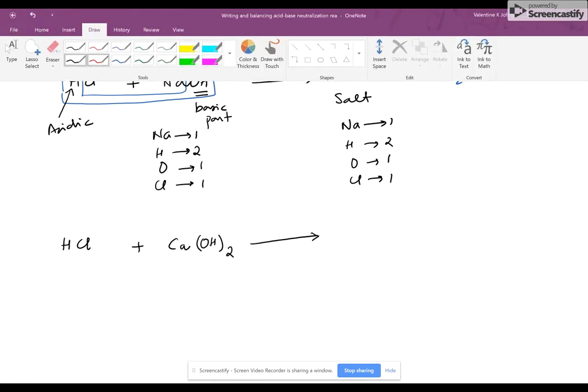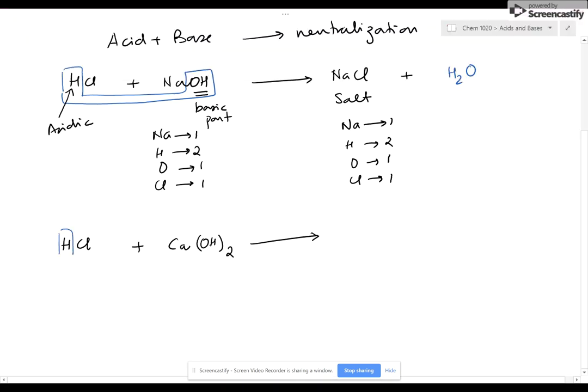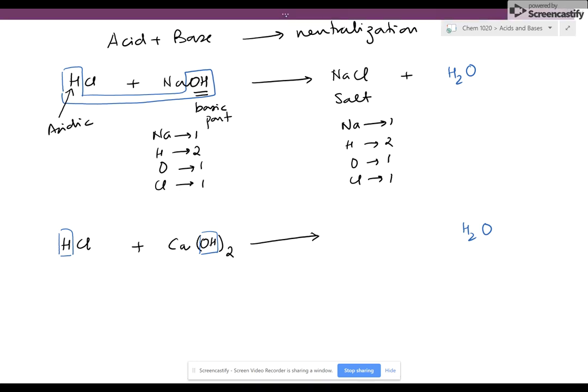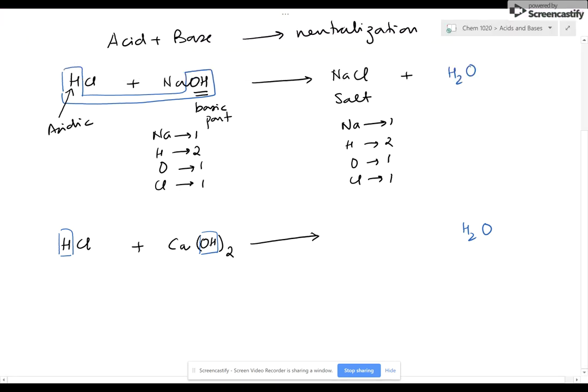We take the H, combine it with the OH, and we end up getting H2O. And then we write the remaining calcium and chlorine by itself.